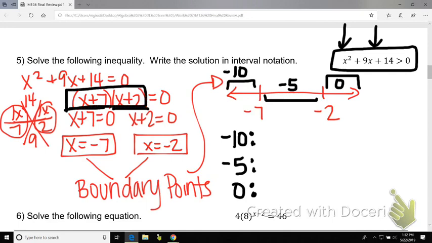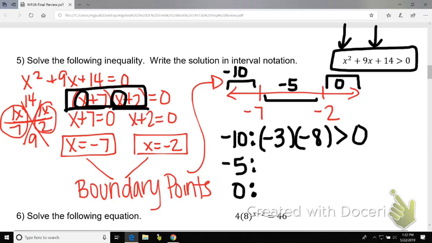Okay, so let's start with negative 10. If I plugged in a negative 10 right here and right here, what would be inside both of those parentheses? Like, what is negative 10 plus 7? Negative 3. And what is negative 10 plus 2? Negative 8. Would that answer be greater than 0?